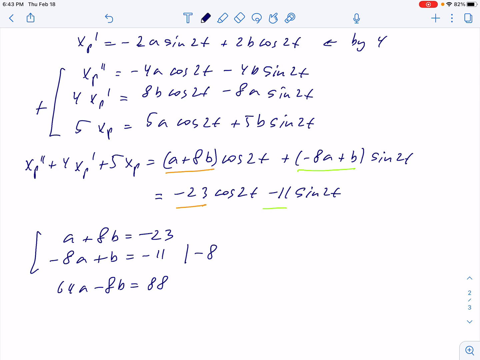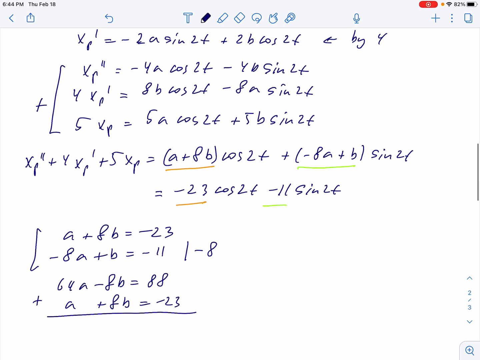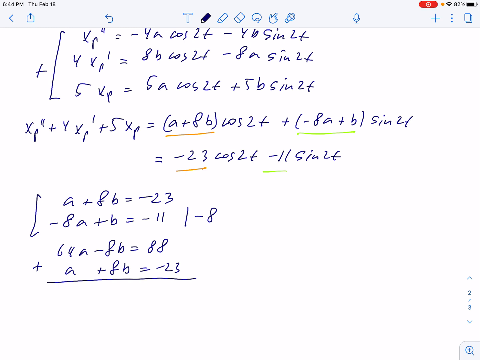And I shall rewrite the first one here. A plus 8b equals negative 23. Adding these two, b disappears, you see, and we have 65a equals, and on the right side, 65 again. So we find that a is 1.